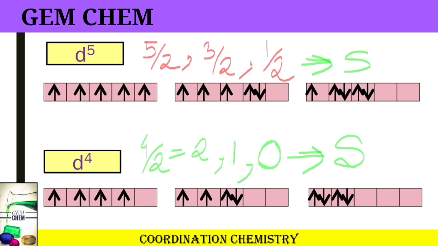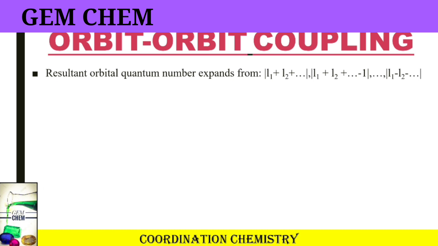Now in the next part we are going to deal with orbit-orbit coupling. We have already seen in our previous video that in atomic structure there is one quantum number which is known as the orbital quantum number. For a one electron system we were comfortable with only one l value.